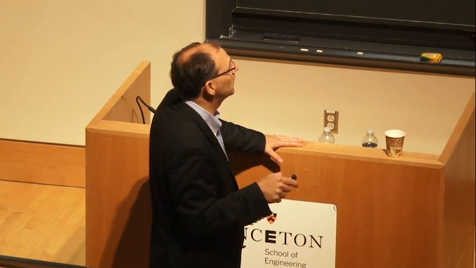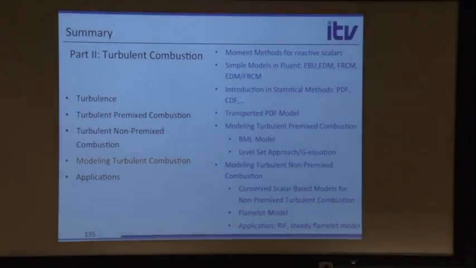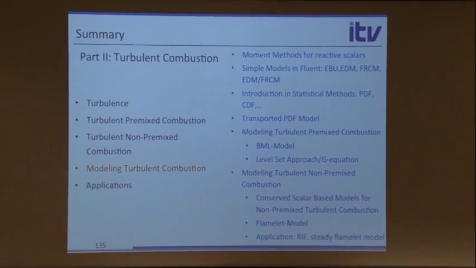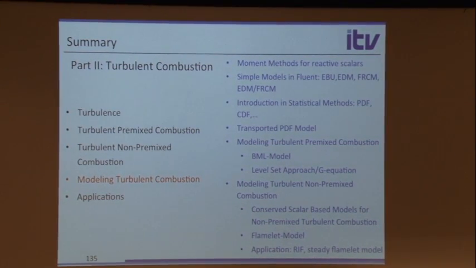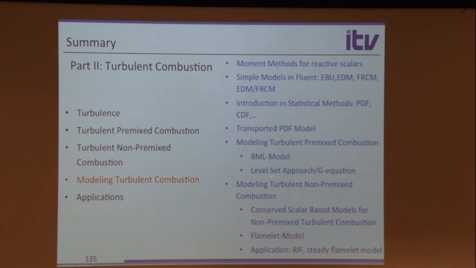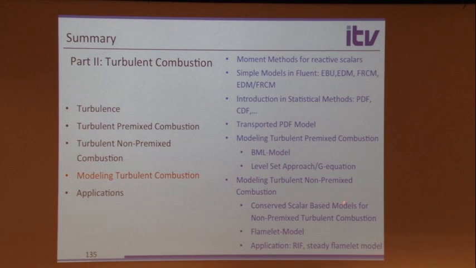I showed you this transported PDF model. I showed you then some models for premix combustion. The Bray-Moss-Libby model is a simple flamelet model. That should just give you the idea of how these models are constructed. Then we talked about the level set model that we use particularly in LES, but which also is now available in many of the commercial codes.